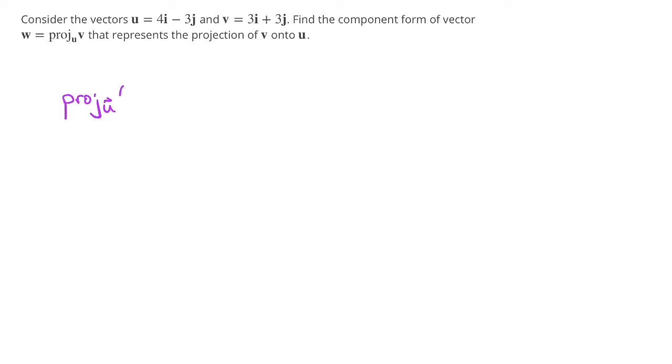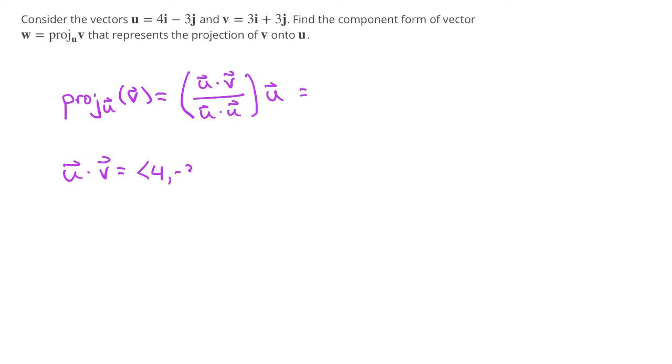So in computing the projection, what we have is u dot v divided by u dot u times our vector u. Our u dot v is just our 4, negative 3, dotted with our 3, 3. 4 times 3 is 12, minus 3 times 3 is 9, so we have a value of 3.